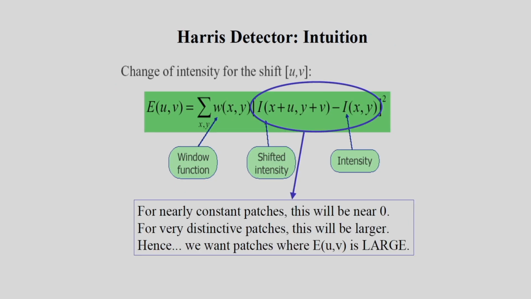For nearly constant patches, this change of intensity will be almost 0, and for very distinctive patches, the change of intensity will be very large. So for the corner points, E(u,v) will be very high. That is why we want patches where E(u,v) is large, that is, the change of intensity for a particular shift will be large, corresponding to a corner point.